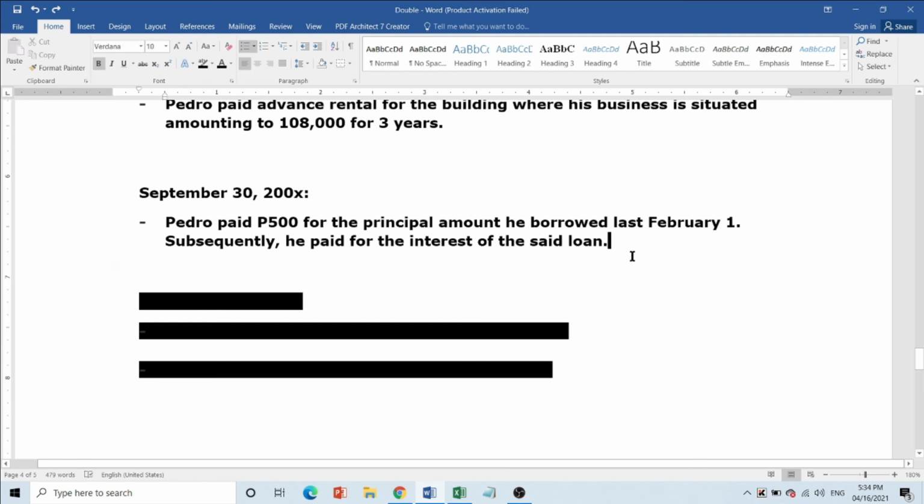Actually, yung mga classification, if you are still confused, I will try to make a particular video to explain to you kung ano pa yung other explanation about yung effects doon sa ating accounting equation. So meron tayong separate na video na gagawin para dyan.